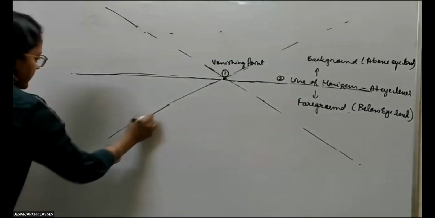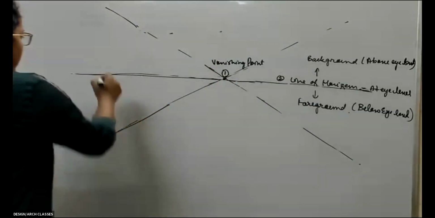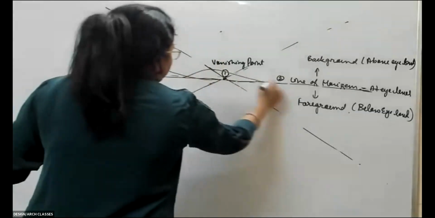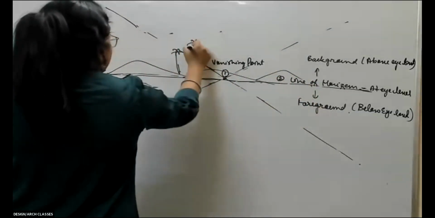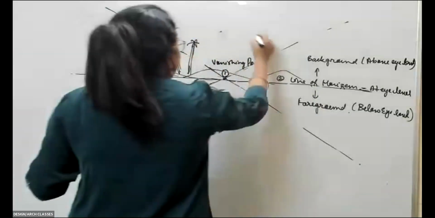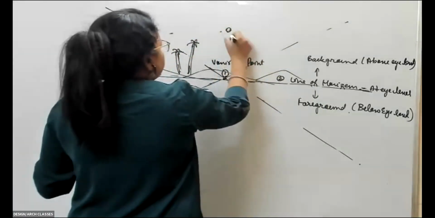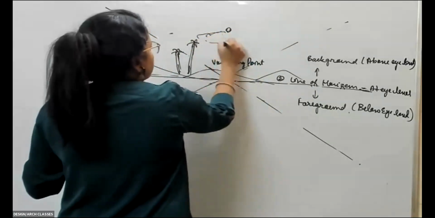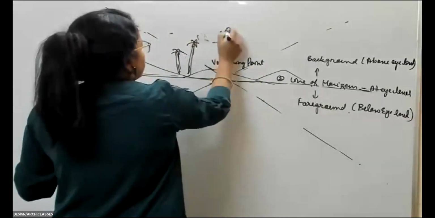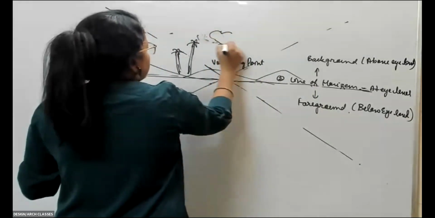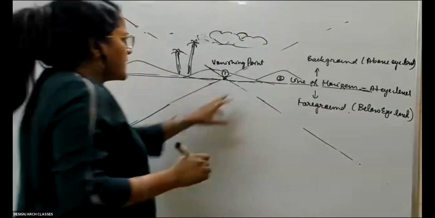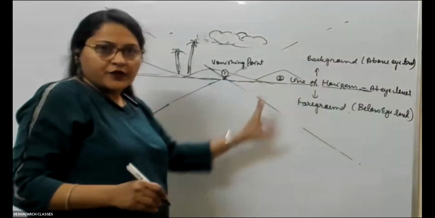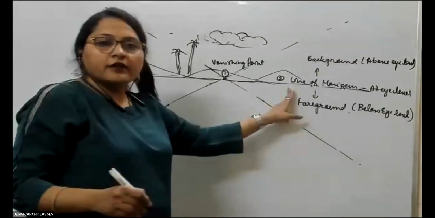For example, now I'm explaining. You will understand what is line of horizon. Check karo. Can you understand what is line of horizon? समझ आया? This is my background. This is my foreground. This is my line of horizon.